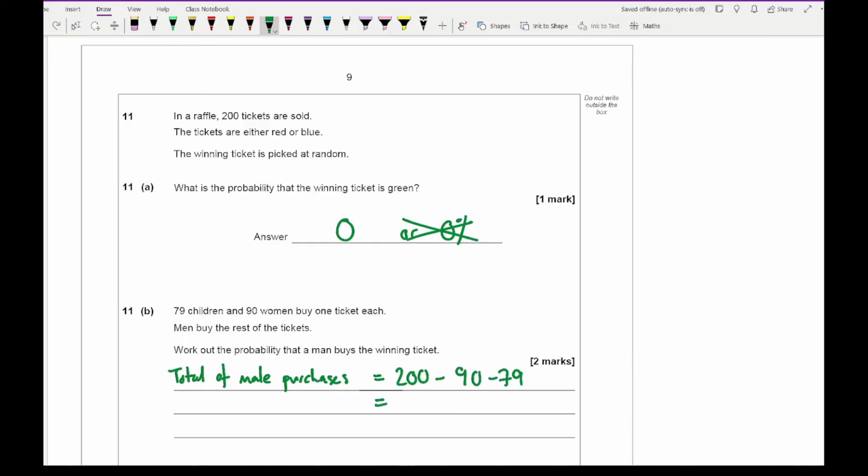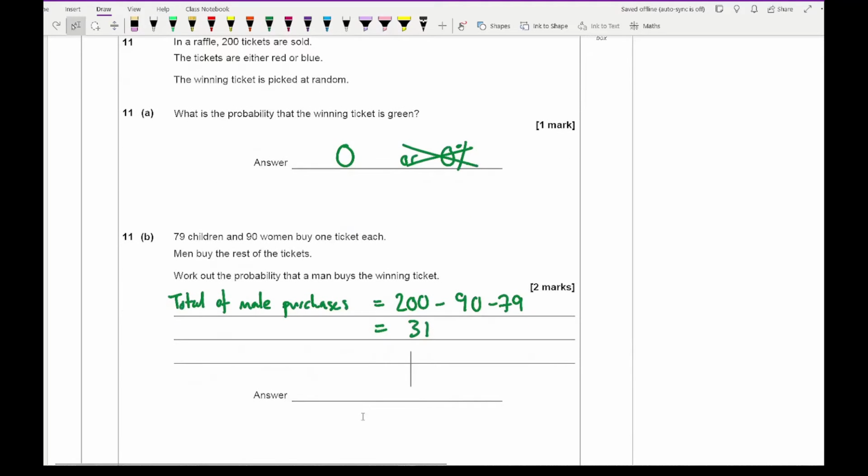If I work that out, I get an answer of 31. So 31 male tickets are purchased. Then to work out the probability, it's simply going to be 31 over the total number of tickets, which was 200. And then I just need to see, does that simplify? No. So that there is my final answer.